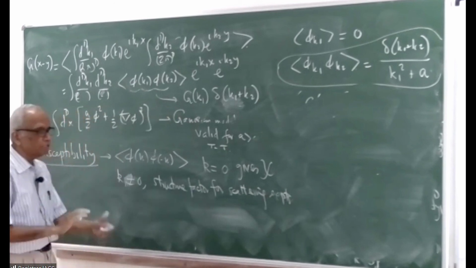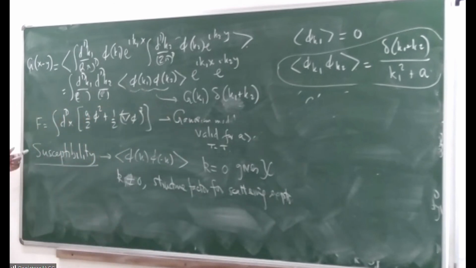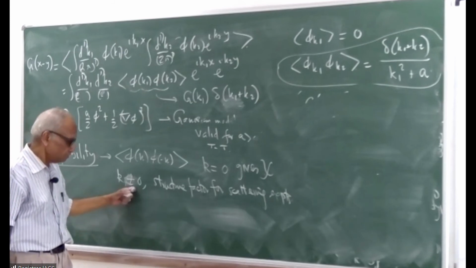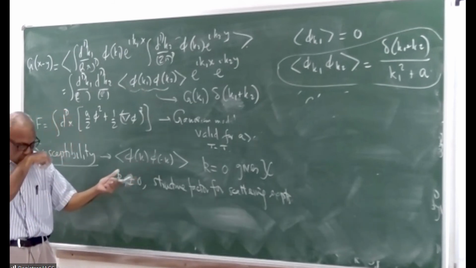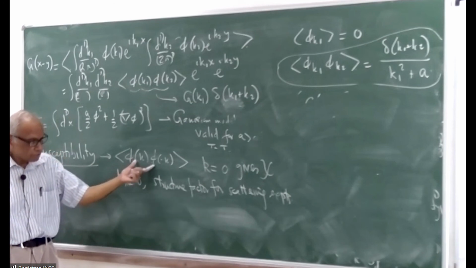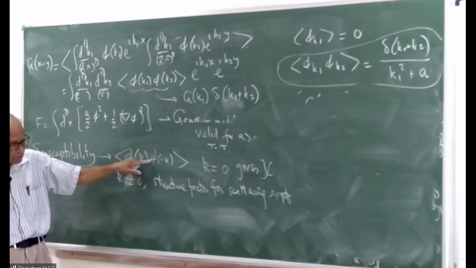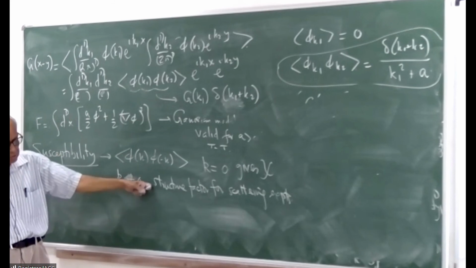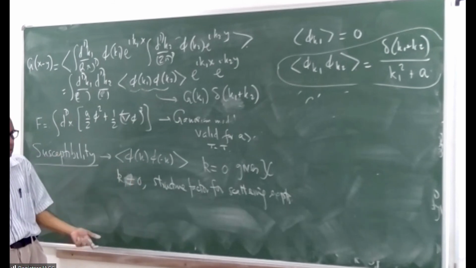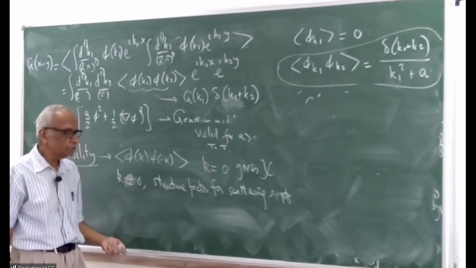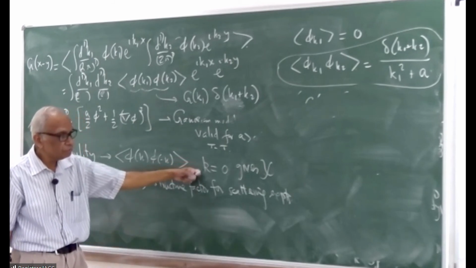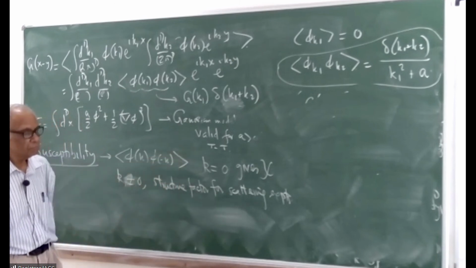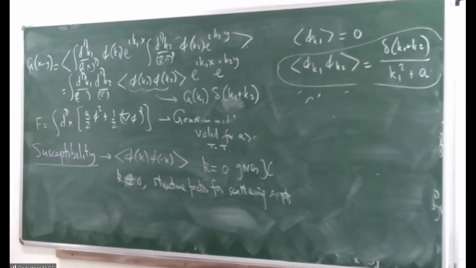If it's a liquid, then it's light scattering. If it is a magnet, then it is neutron scattering. So you calculate this quantity over here. At finite k it gives you one kind of information, which is non-thermodynamic. It has to do with the scattering amplitudes. And if you are at k equal to 0, it gives the thermodynamic quantity, which is the susceptibility.